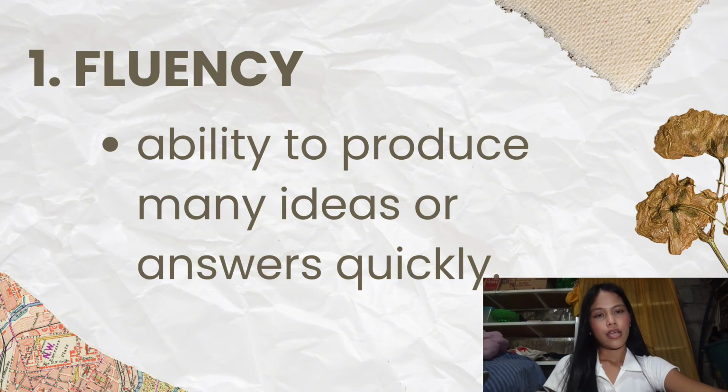For example, when the teacher asks what are the ways to help the community or the environment, a student with fluency would provide a lot of options, like cleaning, throwing garbage in the proper bin, saving water, and planting trees. He or she has many suggestions because he or she has fluency.